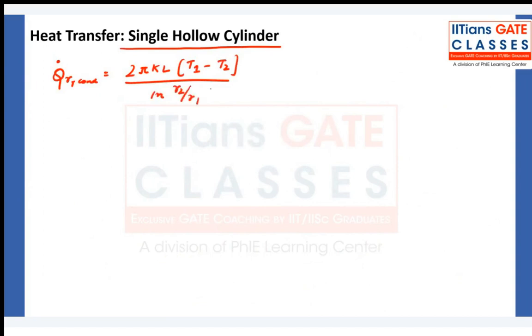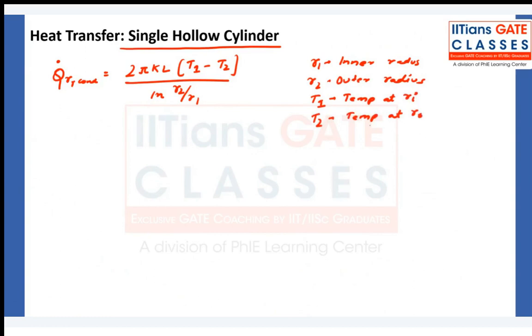R1 is the inner radius, R2 is the outer radius, T1 is the temperature at the inner radius, T2 is the temperature at the outer radius, L is the length of the cylinder, K is the thermal conductivity of the body.